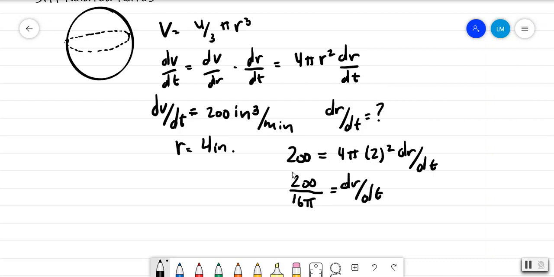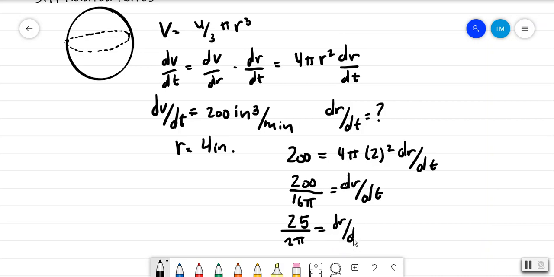So essentially we already know what the radius is increasing by. And if you want, you can change that into 25 over 2 pi, and that's dr dt.